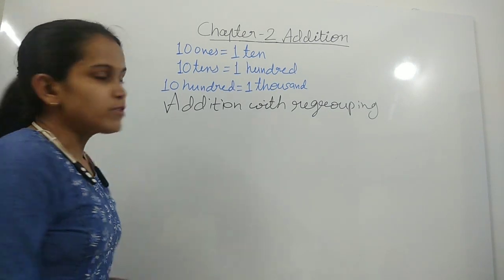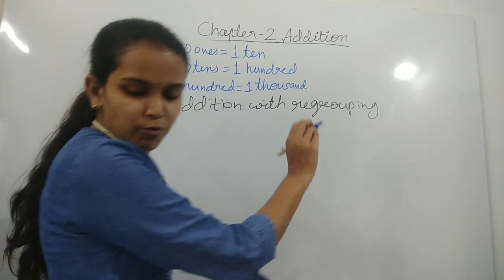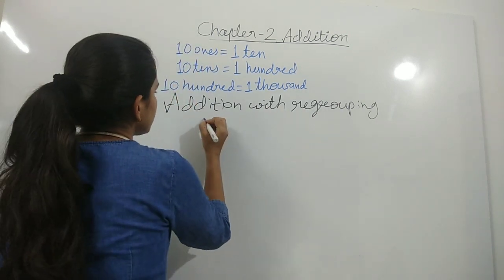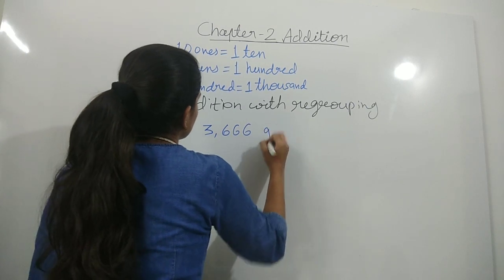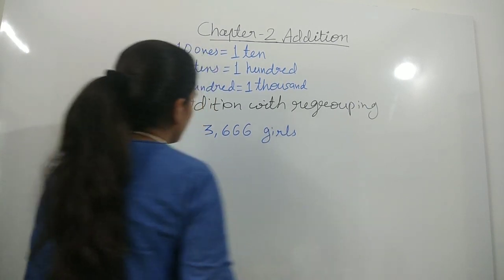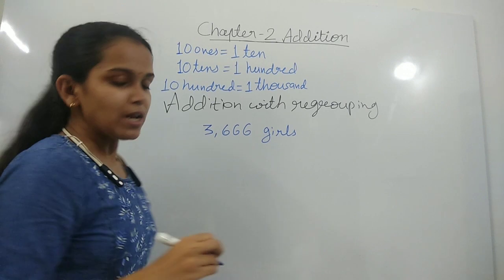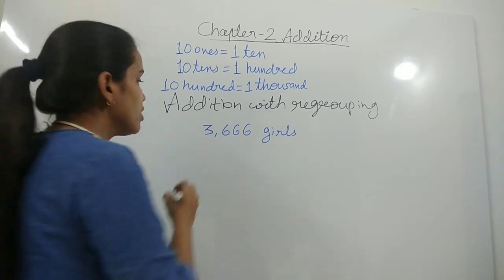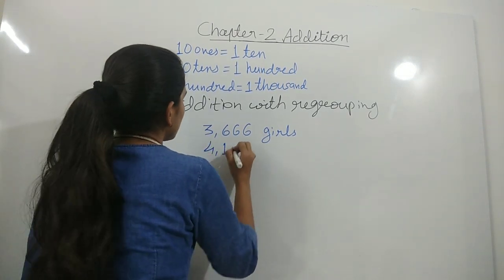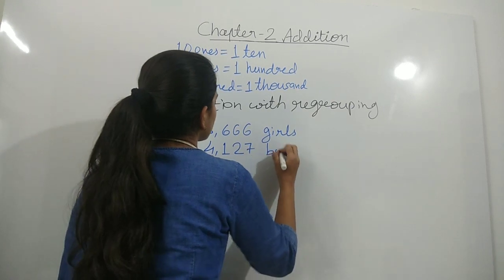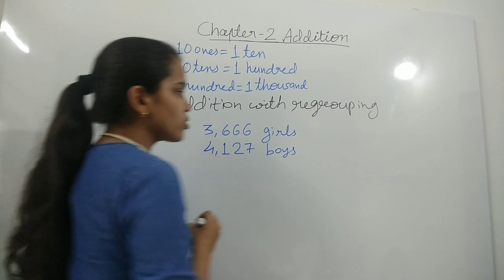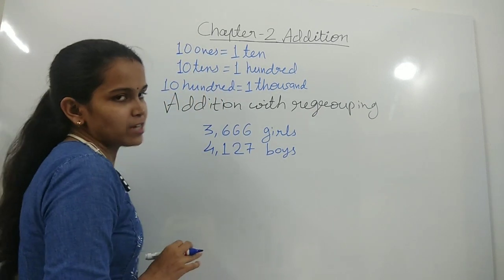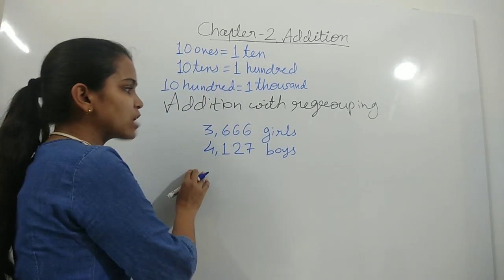In a school, the total number of girls is 3666 girls, and it is given that total boys in that school are 4127. It is asked to find the total number of students studying in that school.